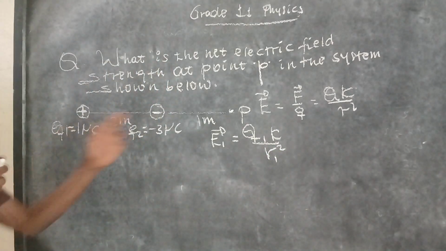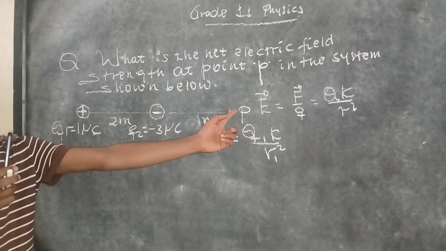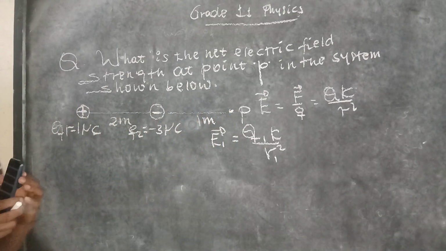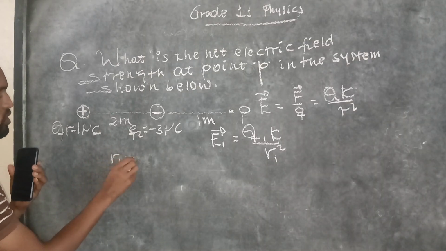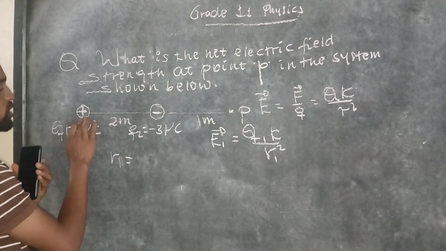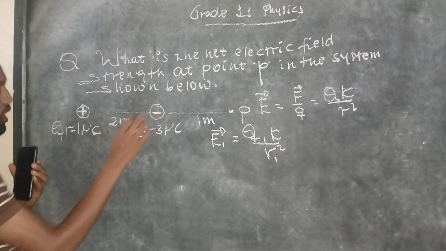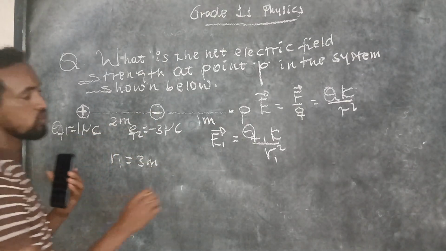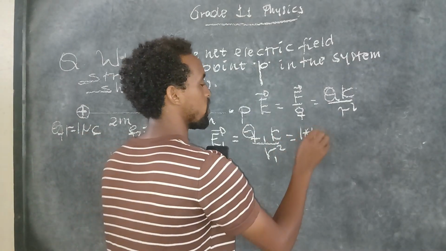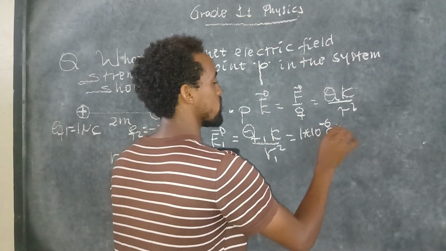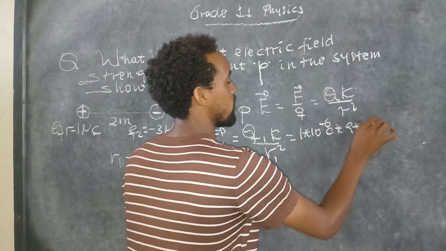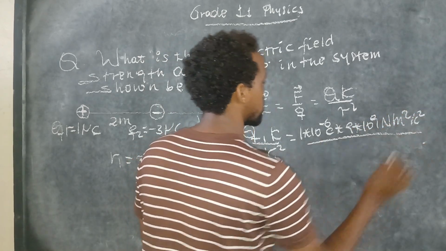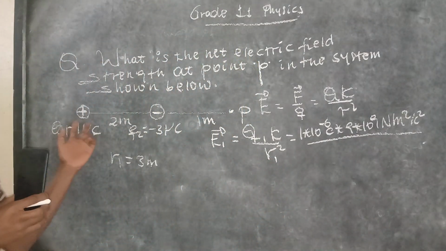Now look, the distance from this point to this charge is 2 meters plus 1 meter, so R1 is 3 meters. The charge is 1 microcoulomb, so 1 times 10 to the power of minus 6 coulomb, times 9 times 10 to the power of 9 newton meter squared per coulomb squared, divided by the distance squared.